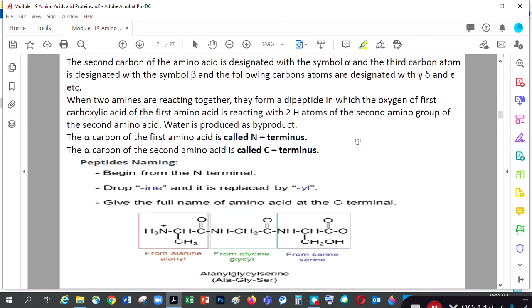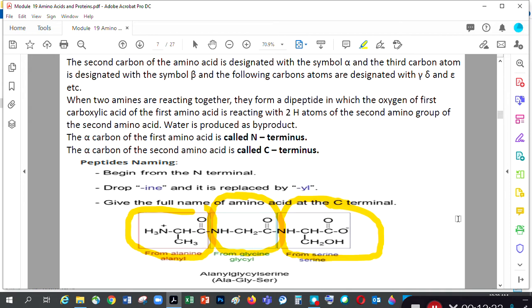So here is the same thing. We have 3 amino acids, correct? And we'll even learn how to name them. The first one here is alanine, the one in the middle is glycine, and the third one is serine, so 3.